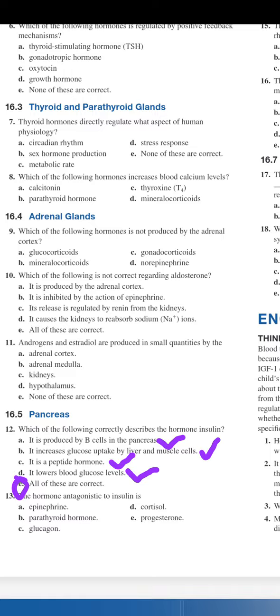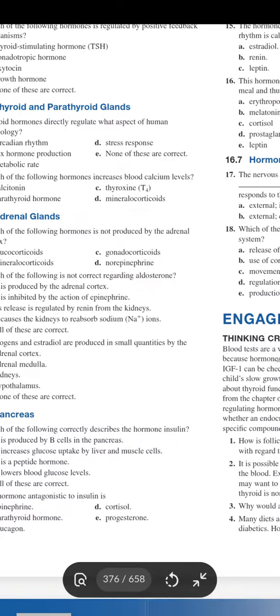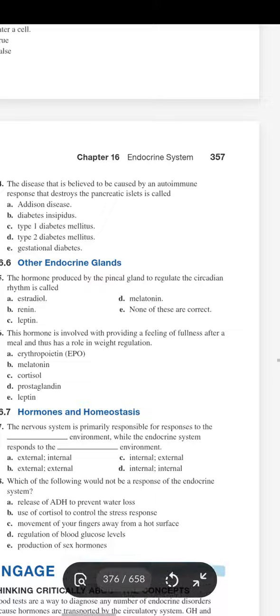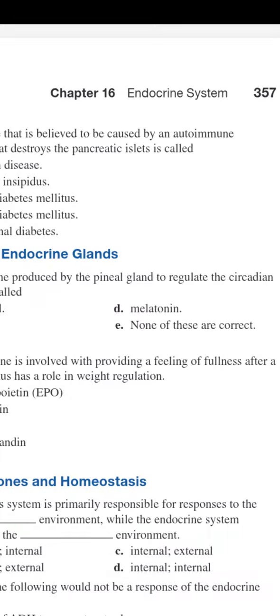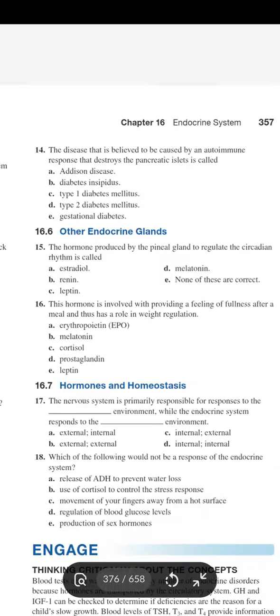The hormone antagonistic to insulin: insulin decreases blood glucose levels, so what is a hormone that increases blood glucose levels? I just mentioned it, glucagon. When, for example, you haven't eaten in a while, the glucagon will convert the glycogen in your liver into glucose.